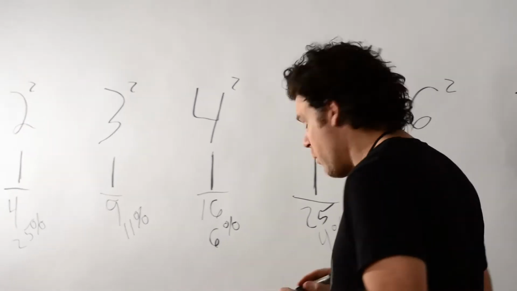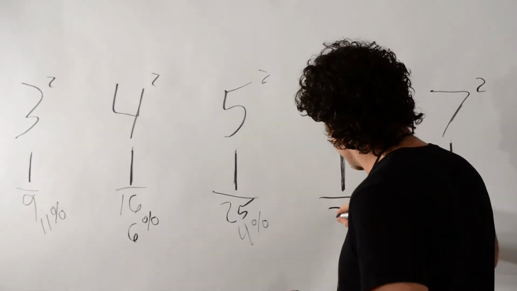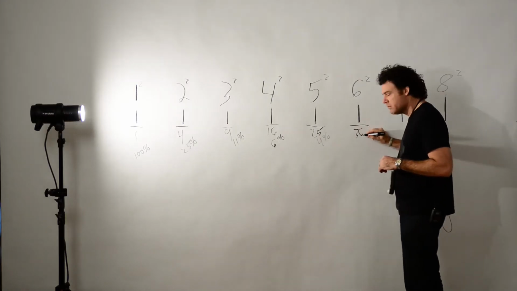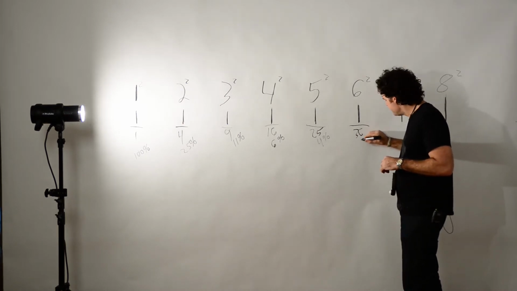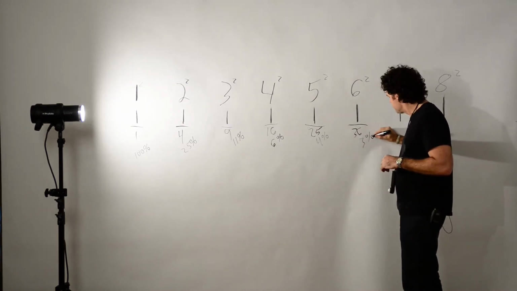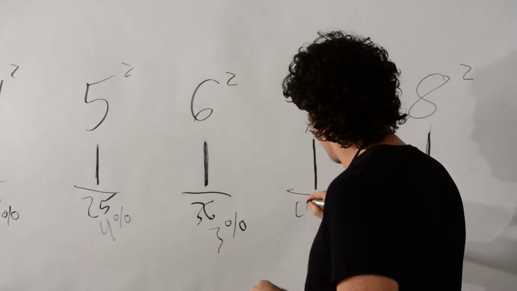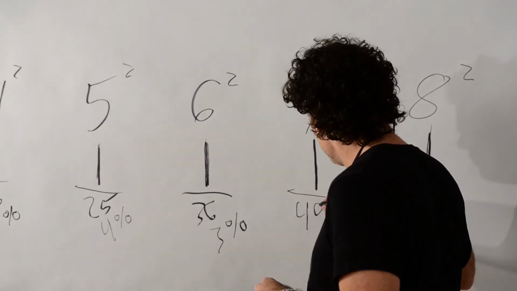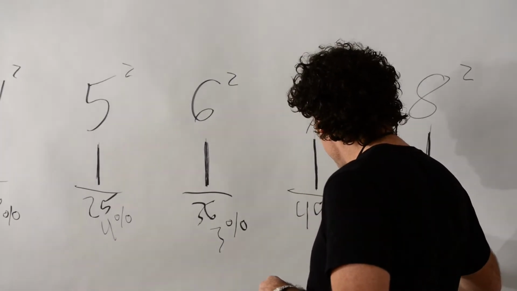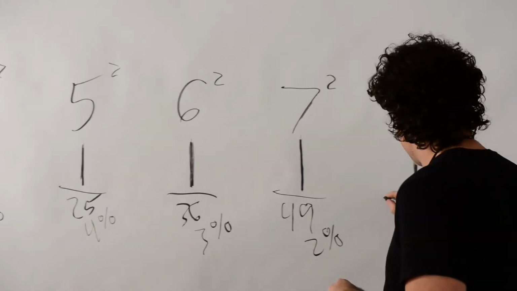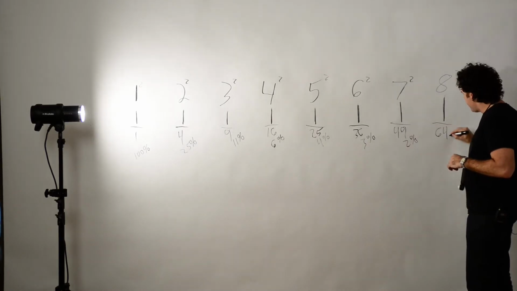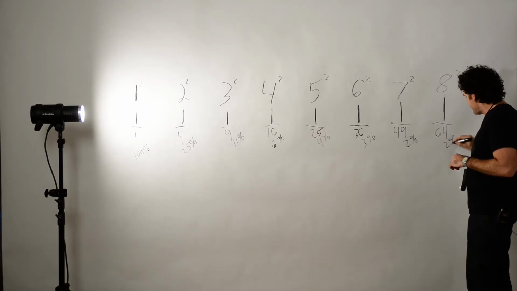All right? 6 squared, 1 over 36, 3% light. 7 squared, 1 over 49, 2% light. And 8 squared, 1 over 64, 2% light.